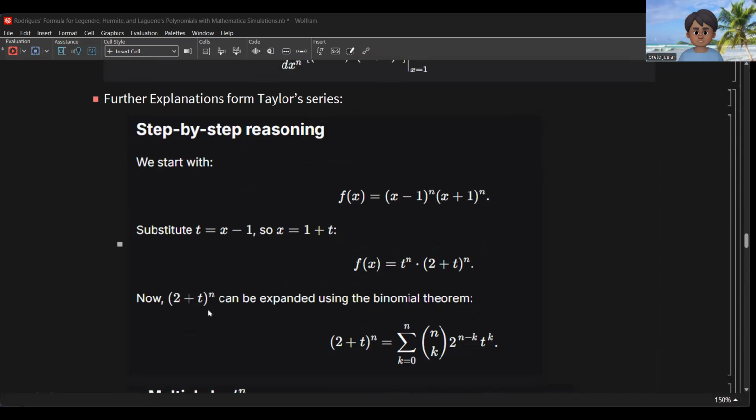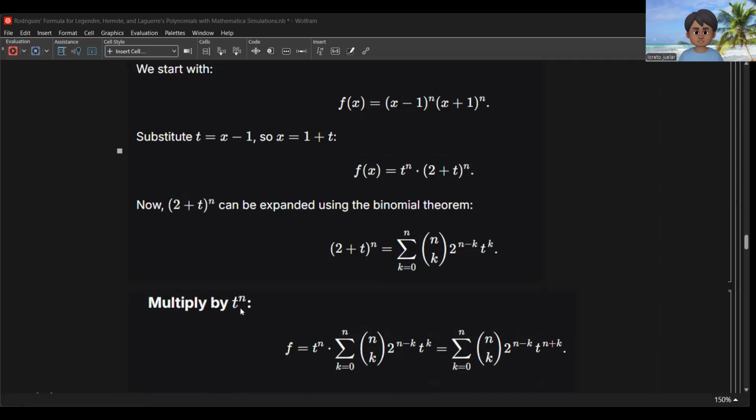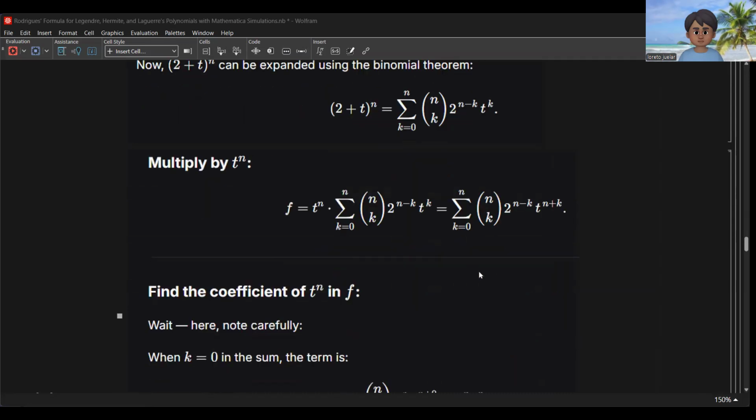Now 2 plus t to the n can be expanded using the binomial theorem, and multiplied by t to the n. So we have the product here.